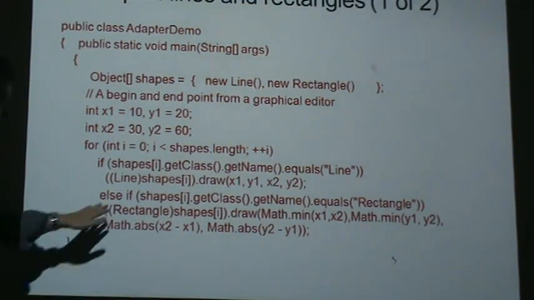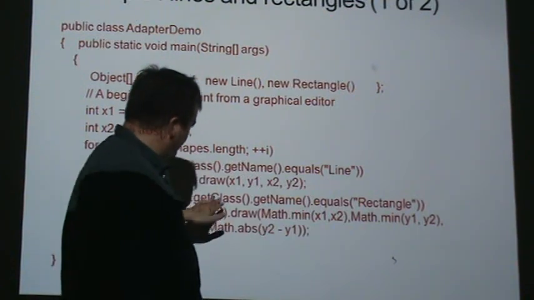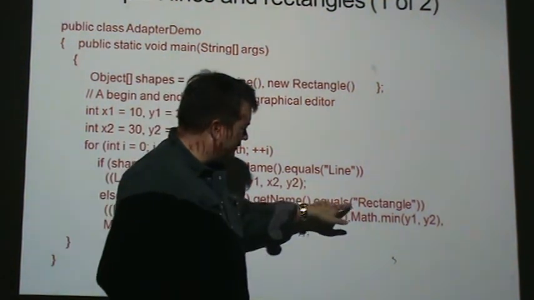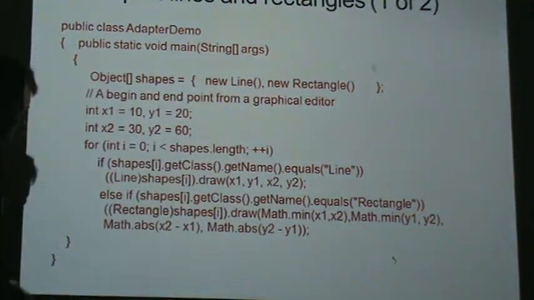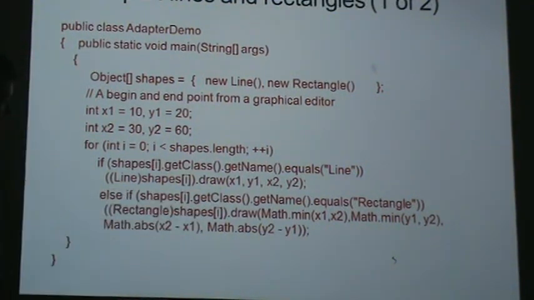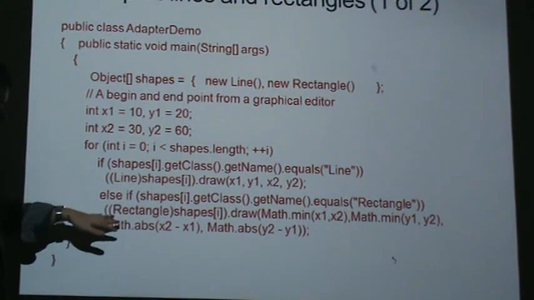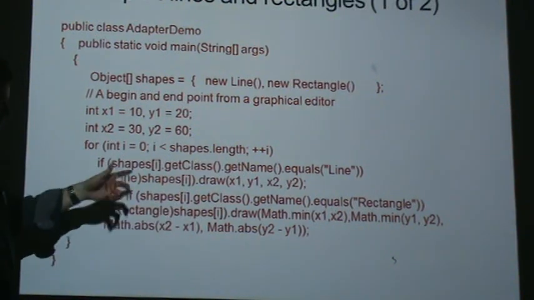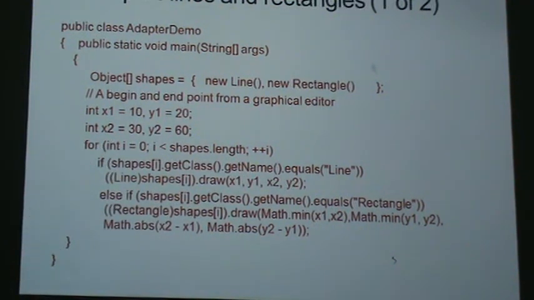Otherwise, if the class name is equal to a rectangle, then we know to cast the shape to a rectangle and call its method. That one has to perform some operation on the values so we know how to draw the rectangle.